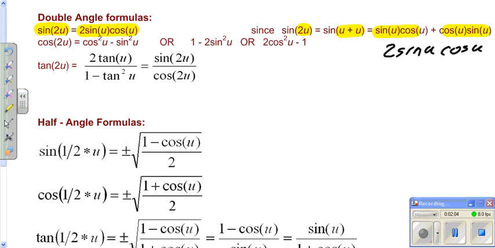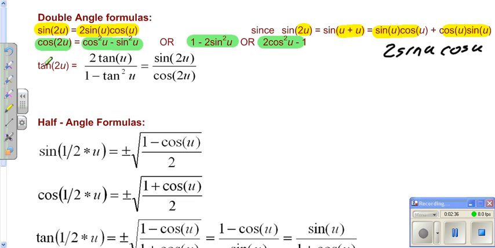And you can repeat a very similar process with the cosine of u plus u, or the cosine of 2u, to be able to come up with your double angle formulas for cosine. So here's your double angle formula for cosine. Using your Pythagorean theorem identity, you could rewrite it like this, or you could rewrite it like this. So your double angle cosine has three options for you.